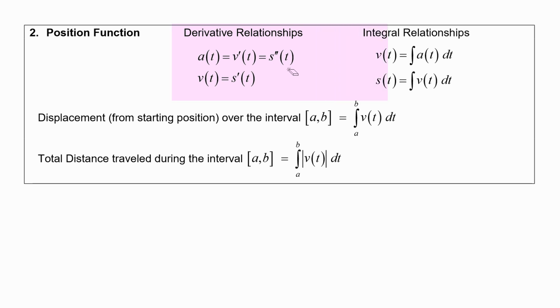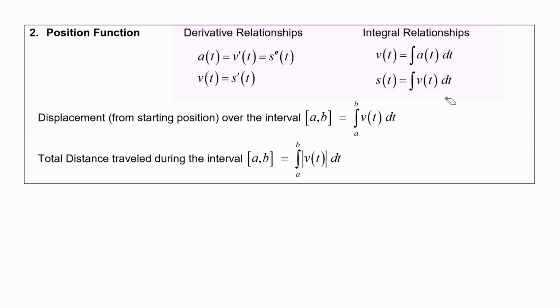Then we can also write that as integral relationships. Since acceleration is the derivative of velocity, that means velocity will be the integral of acceleration. And since velocity is the derivative of position, that means position will be the integral of velocity.